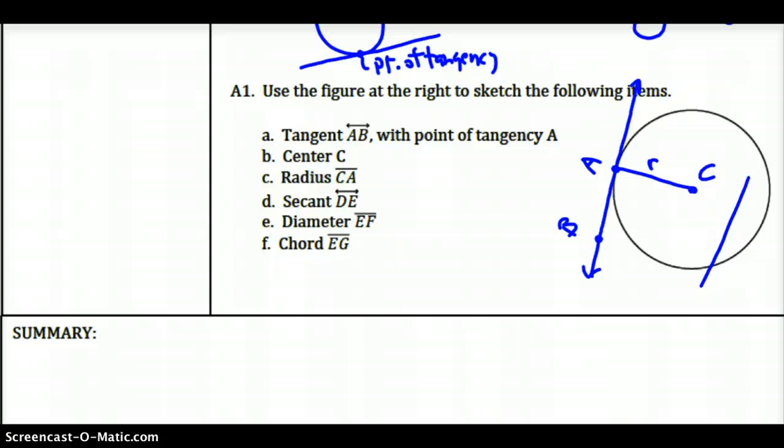Secant DE. A secant hits twice, and I'm going to use these points here as naming. Diameter EF. So the diameter has to go from E here straight across here. So I'm going to connect them up, and this has to be F here. And then chord EG. I'm just going to make a segment with another endpoint here. I got EG.